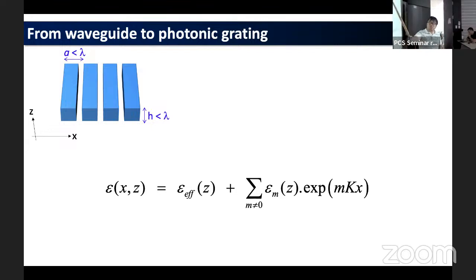That means each rod here cannot contain one wavelength. So we cannot use tight binding to describe these lattices because the element is too small. But even though we are sub-wavelength, it's still big enough, so we don't use pure effective theory. We are not in the metamaterial regime. We still have band gaps for this.